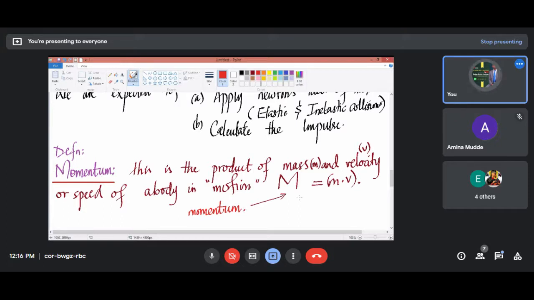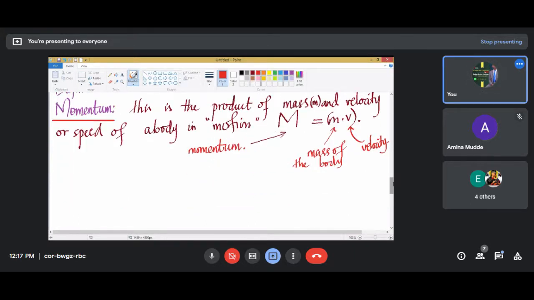Capital M is the momentum, m is the mass of the body, and v is the velocity of the body in motion.